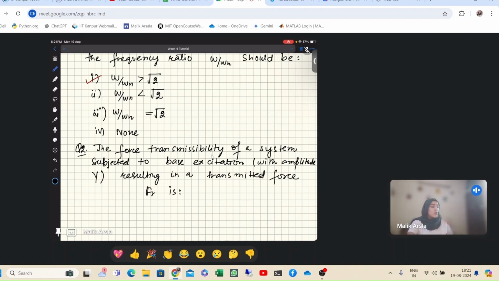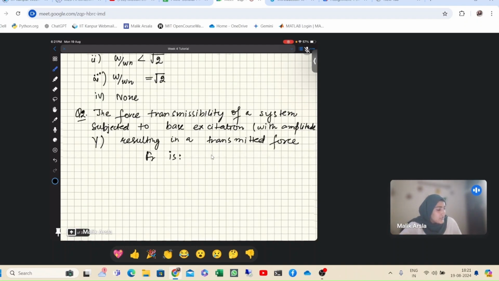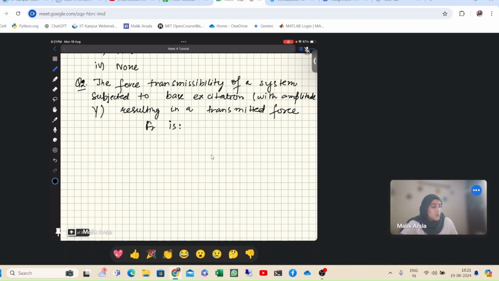So, what will be the force transmissibility for a system which is subjected to a base excitation? That is a harmonic excitation, its amplitude is capital Y, and the transmitted force is Fr. So, what will be the transmissibility for this system?